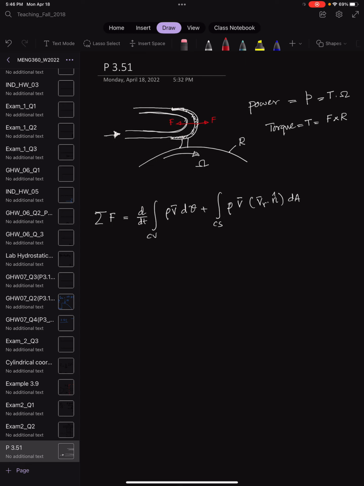The first thing is to find the control volume. I will take a control volume that is moving with the bucket, this fluid volume. If I take it out, you would see a control volume like this.